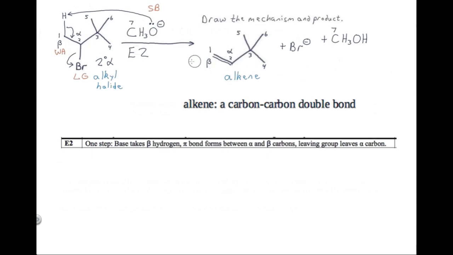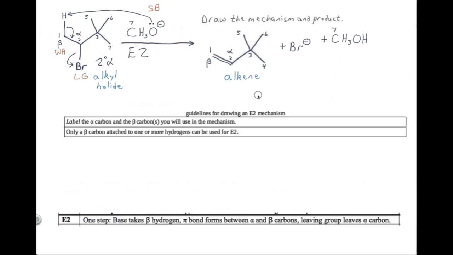You need to know that E2 mechanisms produce alkenes. And you should also know that a common starting material for an E2 mechanism is an alkyl halide. We can use an E2 mechanism to change an alkyl halide into an alkene.